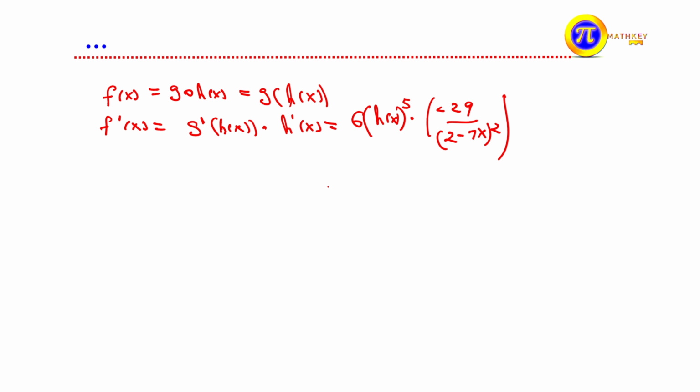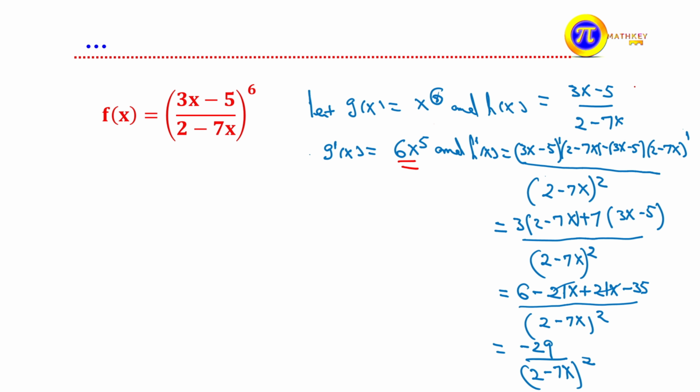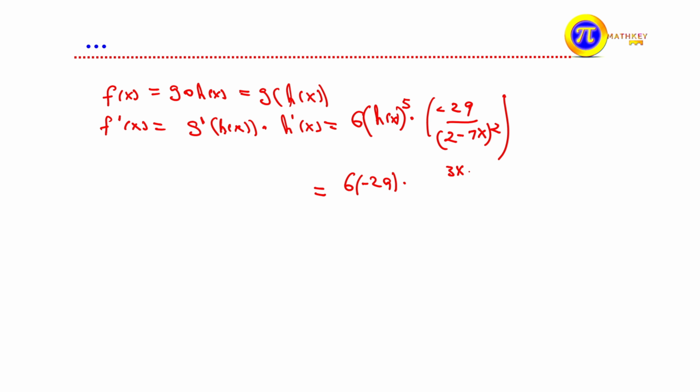Coming to this, it equals 6 times negative 29 times h of x to the power of 5. What is h of x? Let h of x be 3x minus 5 over 2 minus 7x, the whole to the power of 5, times 1 over 2 minus 7x squared.